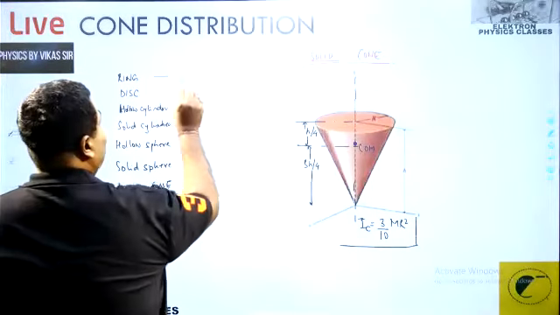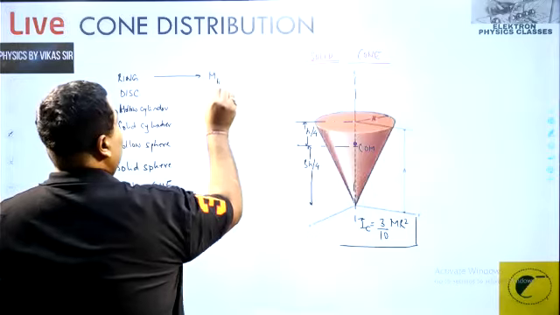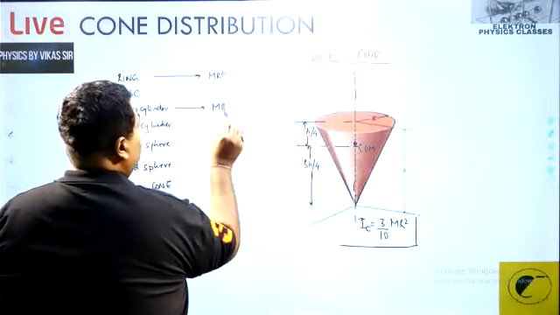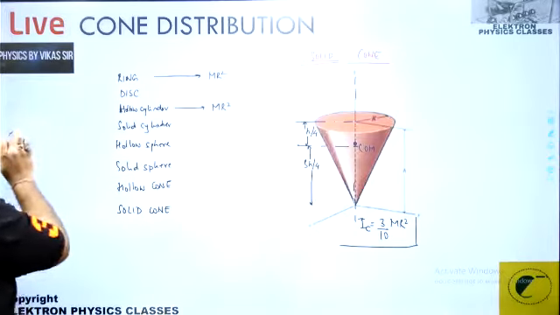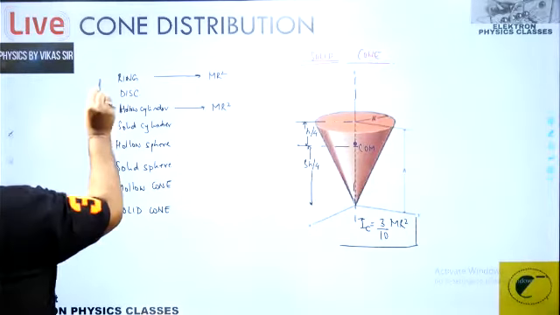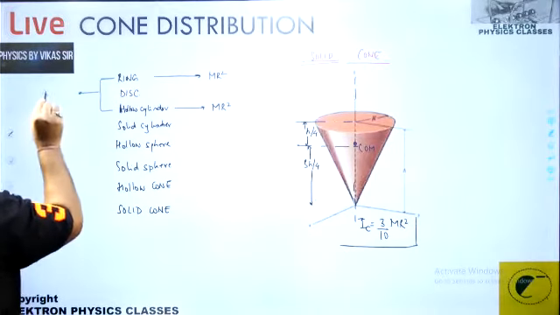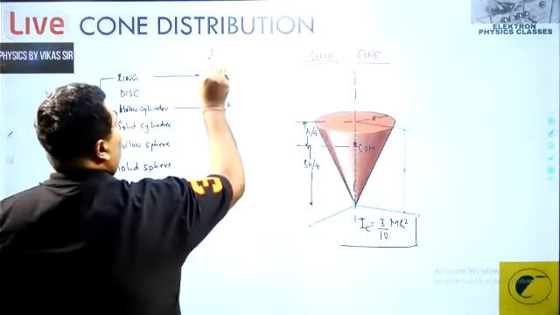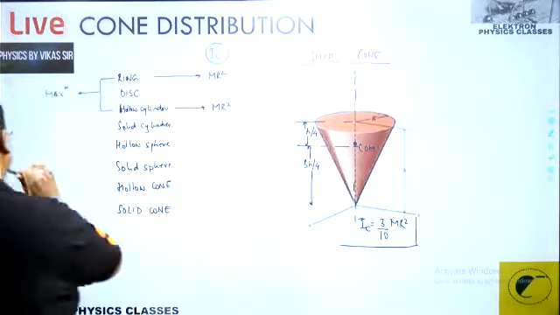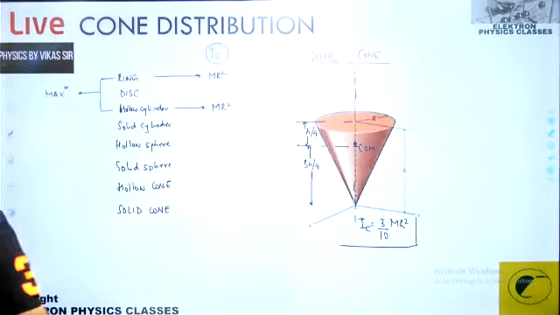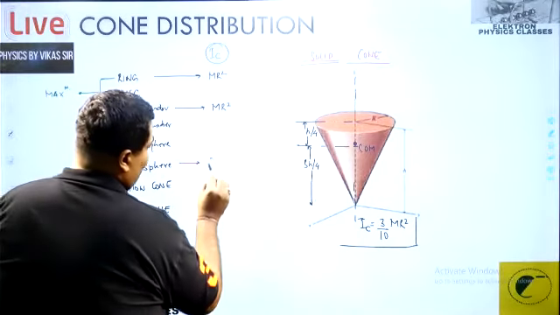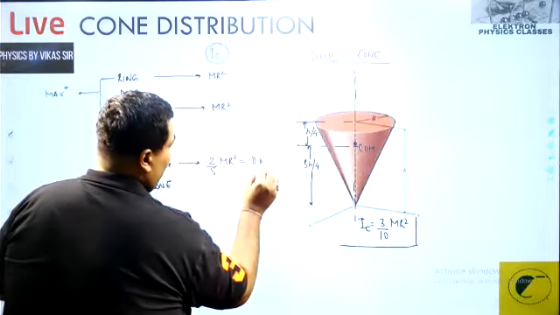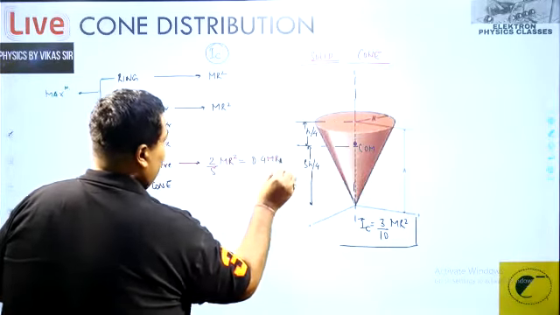In that case, the ring has the moment of inertia equal to mr square, and so does a hollow cylinder. Out of all these arrangements, they have the maximum moment of inertia. All these values are about the centroidal axis. For the solid sphere, we get this value as 2 upon 5 mr square, that's equal to 0.4 mr square.